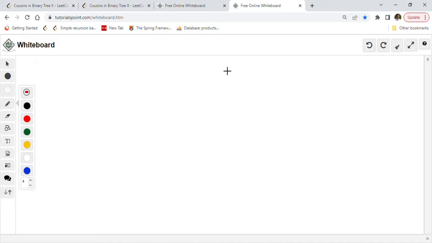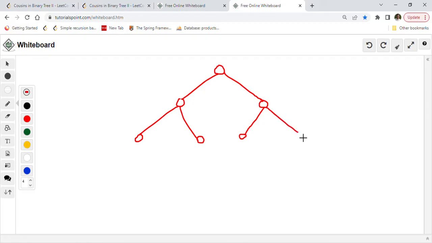Let's draw a sample tree without values, so I can explain what that means first, because it's important that you understand this, and then you can easily understand the approach as well as the solution. So let's say this is your binary tree. If it is a full binary tree, you will have a full binary tree like this.